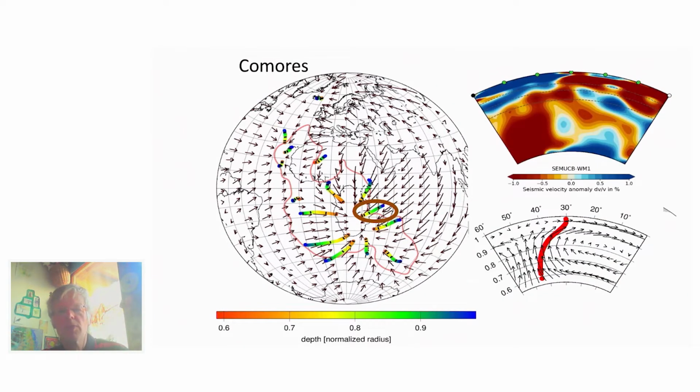There are other plumes like Comoros where it also looks good, and what is seen here is particularly that there seems to be very strong tilt or deflection somewhere around 1,000 kilometers, at the upper part of the lower mantle. So this tomography model shows that plumes often don't come up straight, but in particular in this region they tend to be tilted.